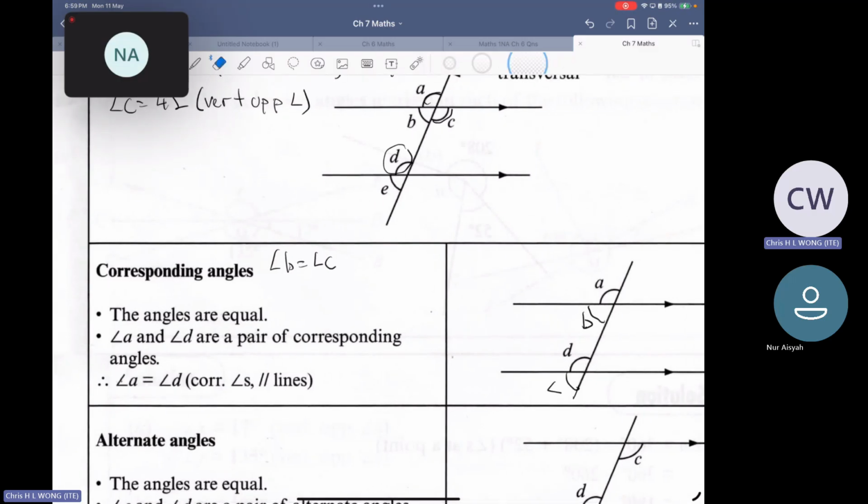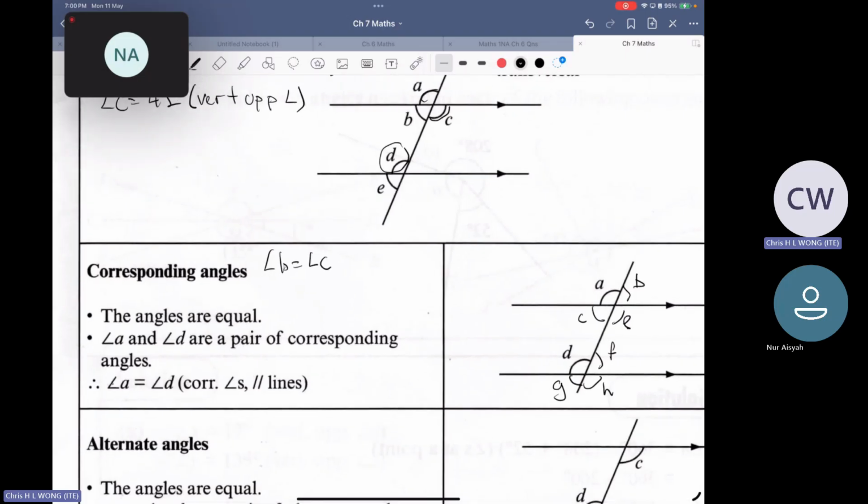Okay, I'm going to test you a bit. I'm going to erase this and put here A, B, C, D, E, F, G, H. Can you see?